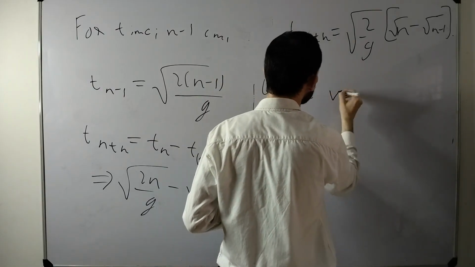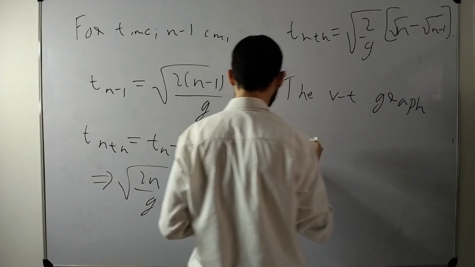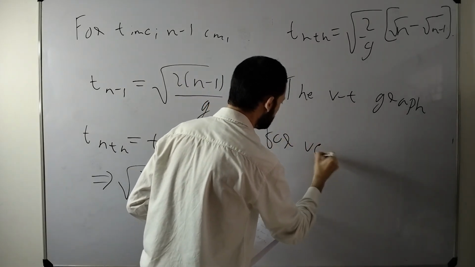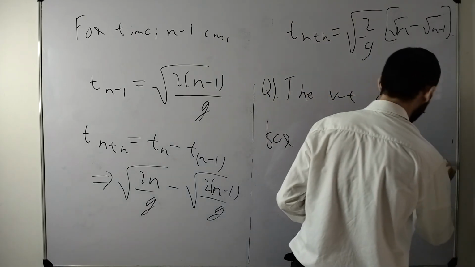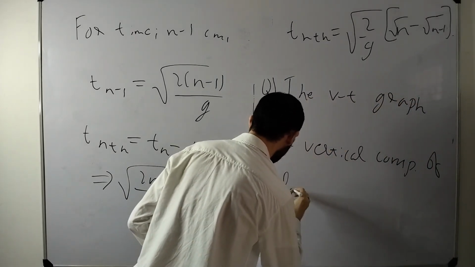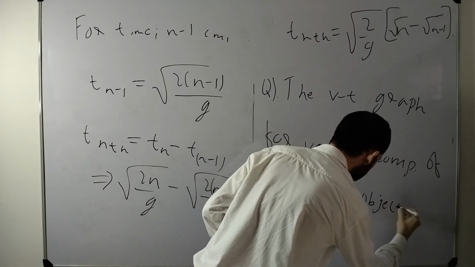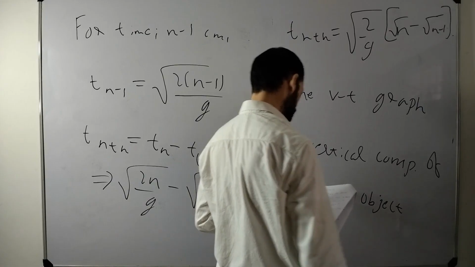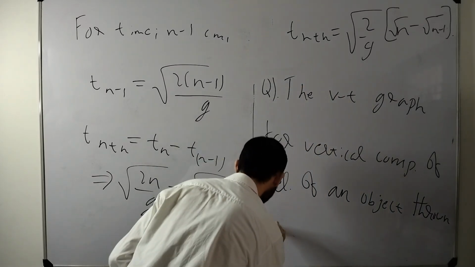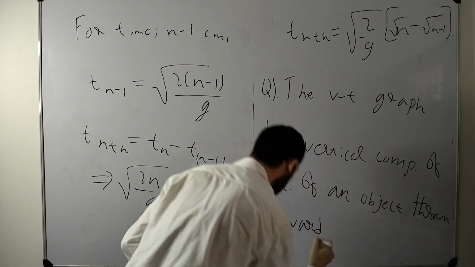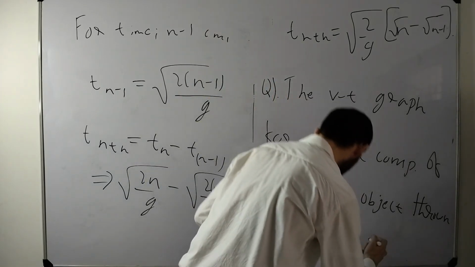The VT graph for the vertical component of velocity of an object thrown upward from ground.